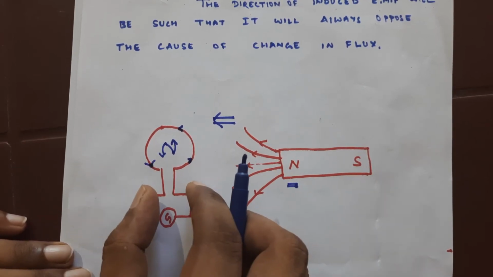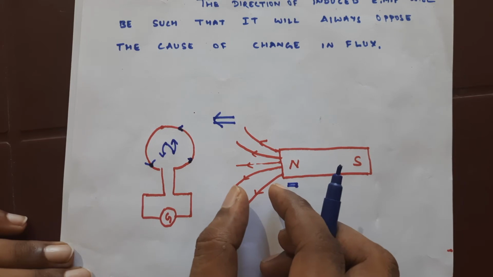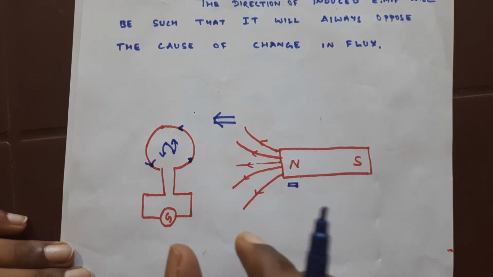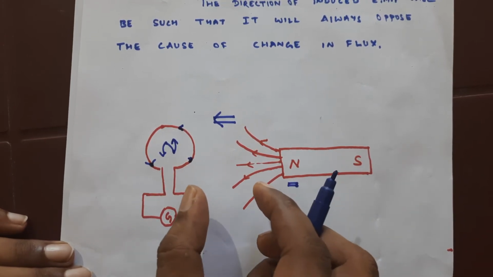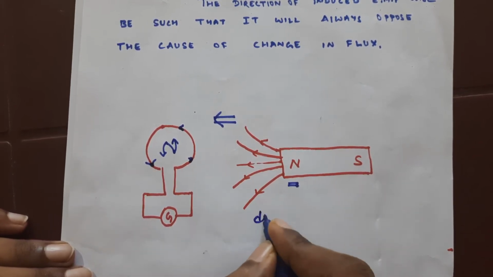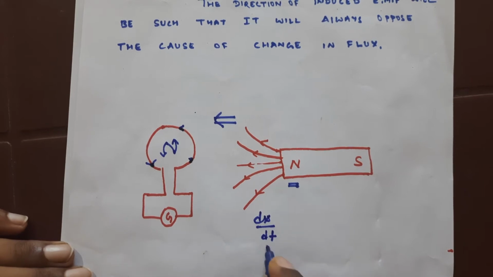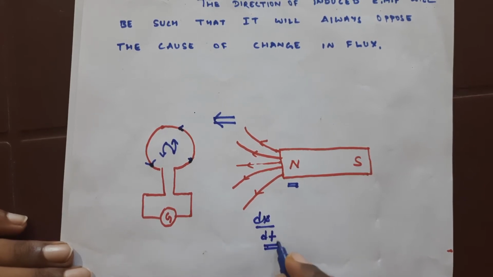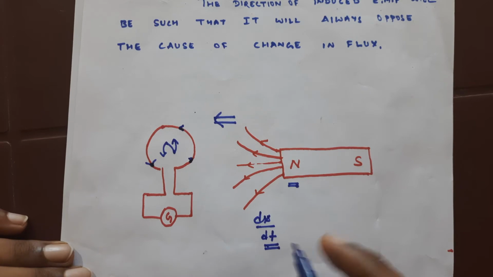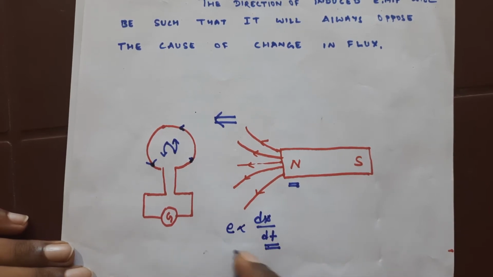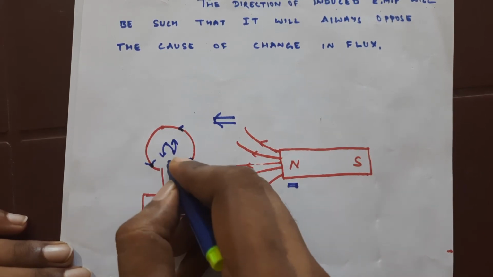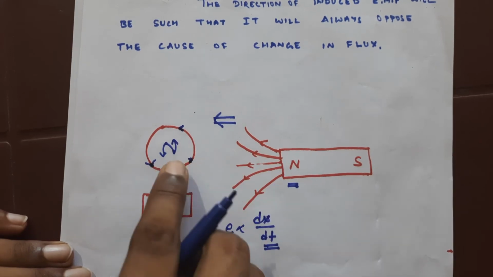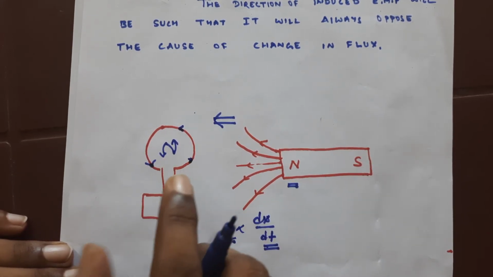And if there is more rapidness, there will be more change in flux, because the time interval, d phi by dt, if there is acceleration, of course the dt time will be less, and E is inversely proportional to dt. So in that case the EMF will be more, and EMF more means more strength of the south pole that we have assumed.